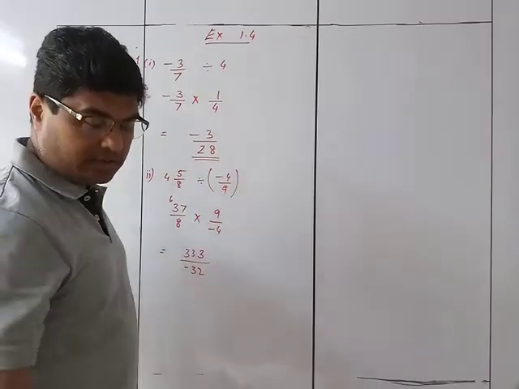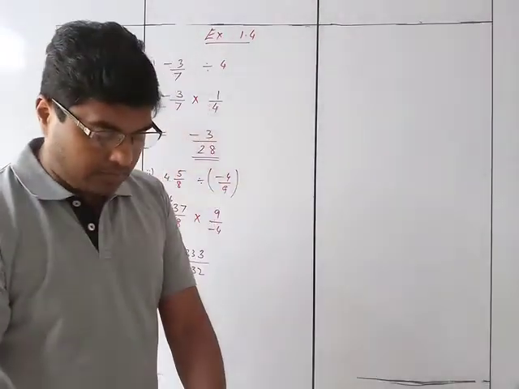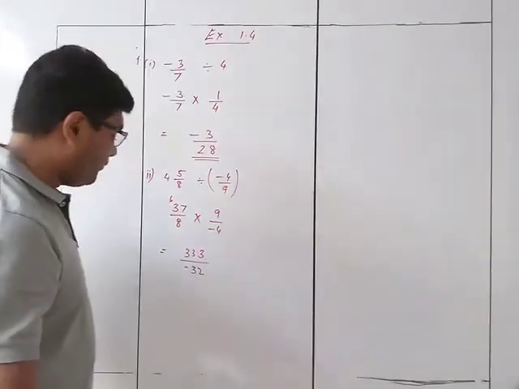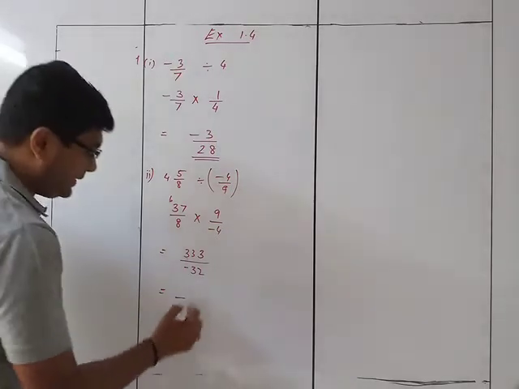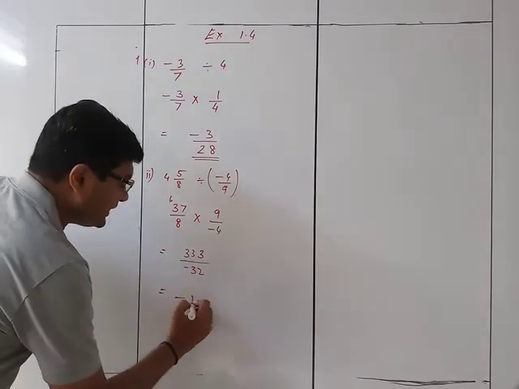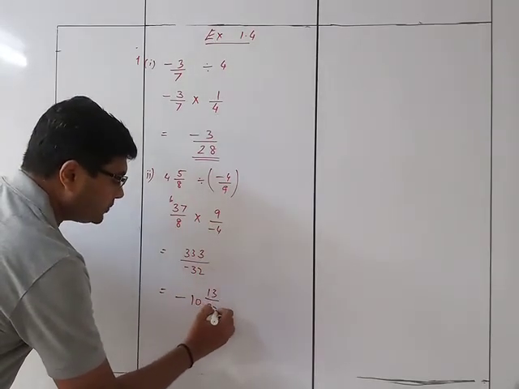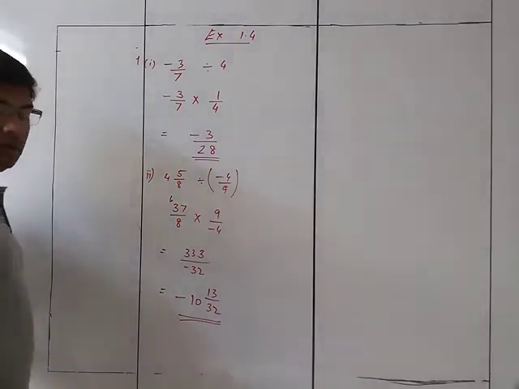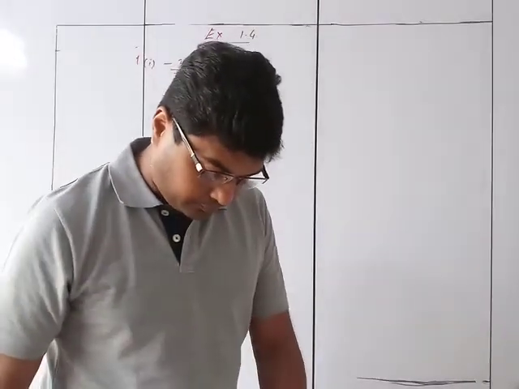Again, the answer will be in the form of a mixed fraction. Tens are 320, so the remaining will be 13 upon 32. So the answer will be minus 10, 13 upon 32 as the final answer.